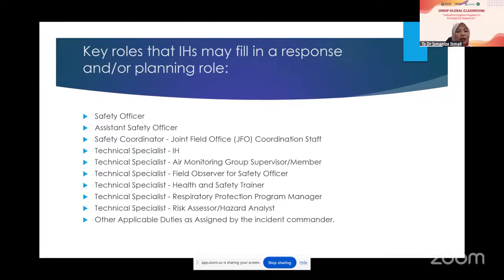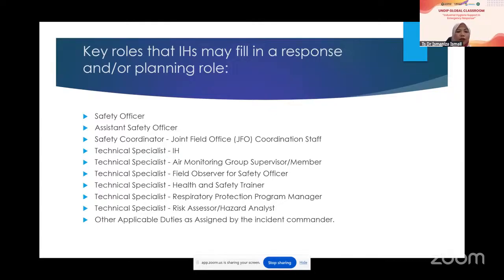If you do not understand what their roles are, the air monitoring group would be the ones that monitor the air. If you smell something, there should be a team that monitors the chemicals in the air, because we need to know what we inhale.